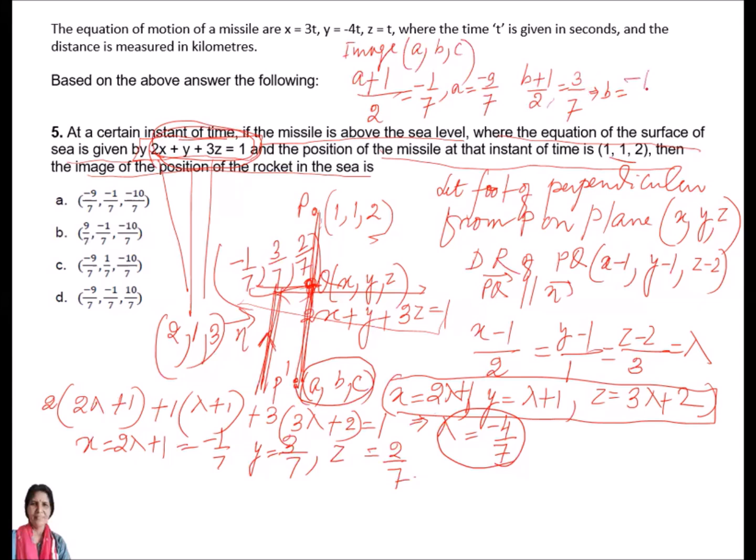So minus 1 by 7. Then I'll go for C. (C plus 2) by 2 is equal to, again, what was the point? 2 by 7. So this gives me C is equal to 4 by 7 minus 2. That will be your minus 10 by 7.